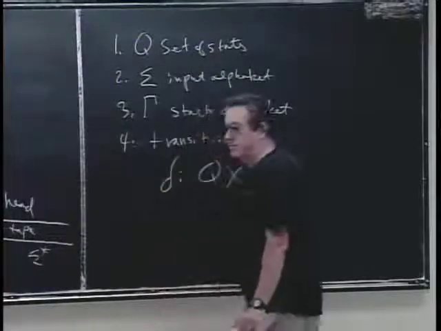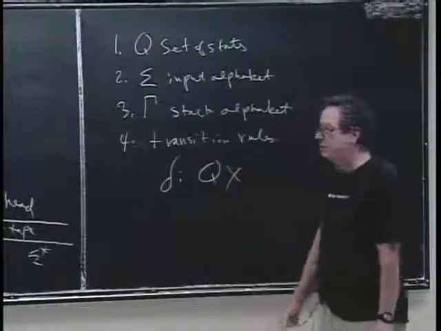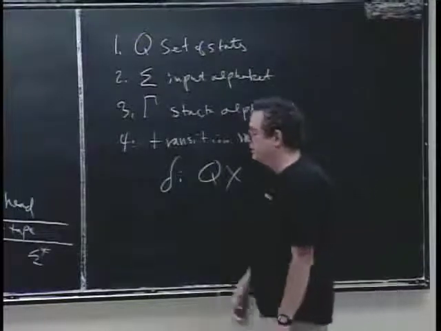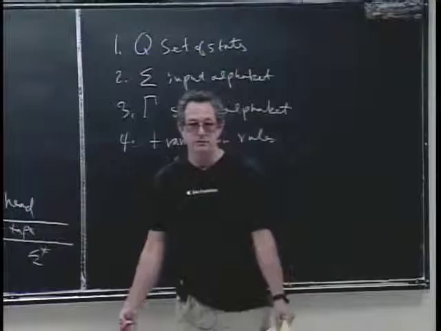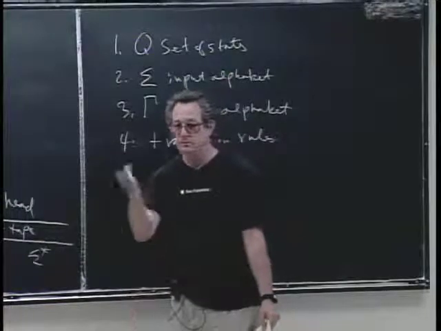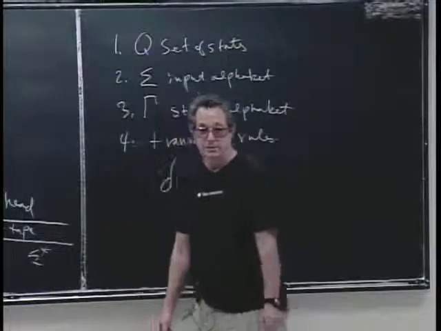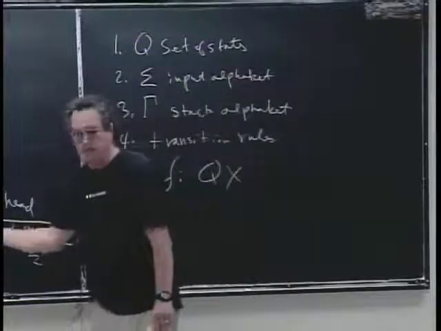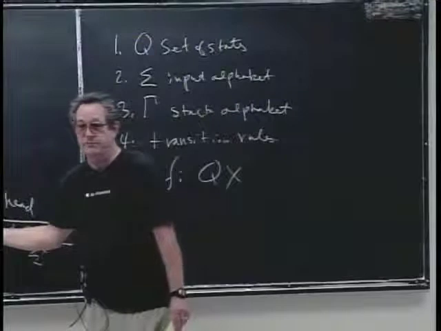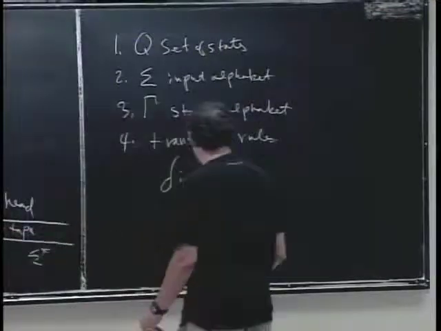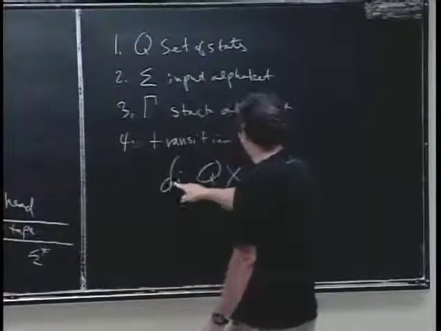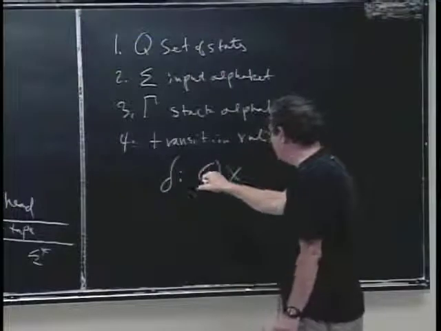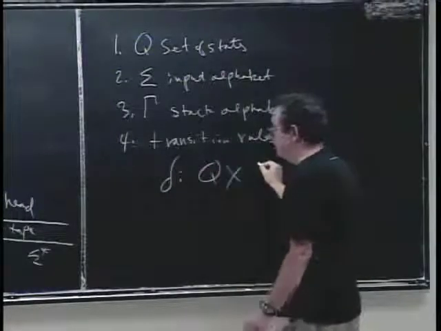What are the components that it should pay attention to when it decides what it's going to do next? The stack and the input alphabet? Yeah, definitely you want to see what's on the input, just as we did in an NFA or a DFA. So this transition rule is going to be a function from the states and the input.